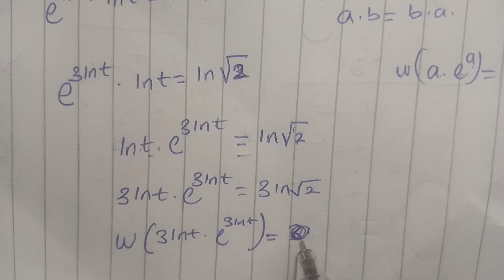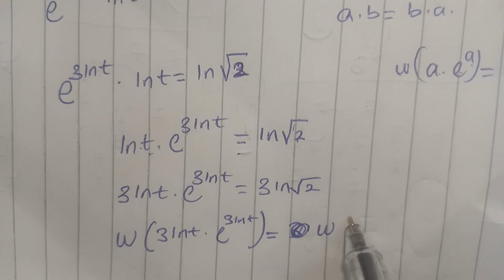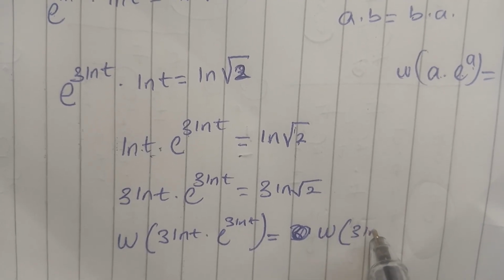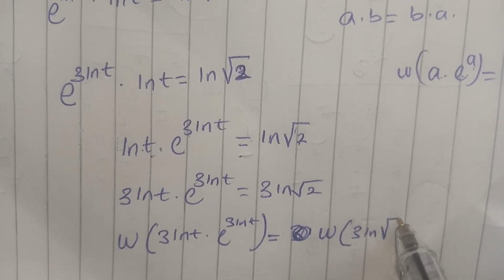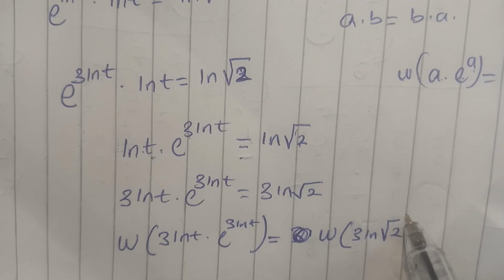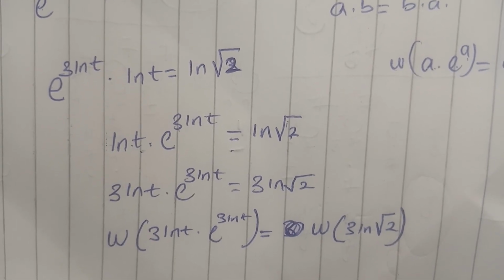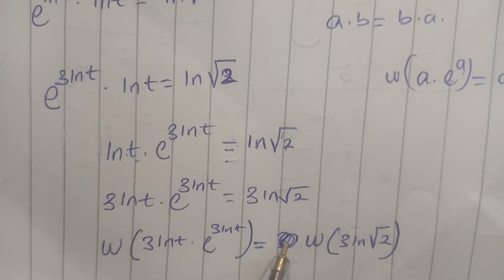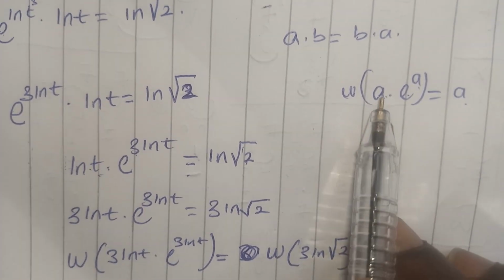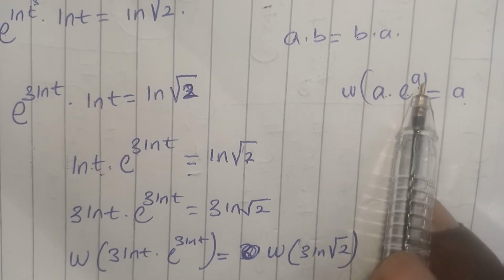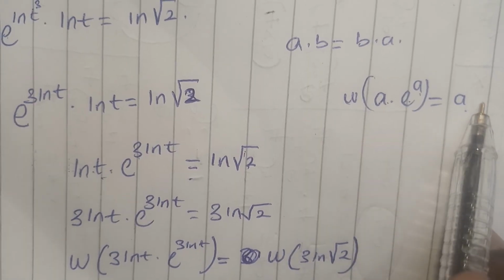I will take the Lambda doublet function also, the Lambda doublet function of 3 ln of root 2. Okay, so this is what we are not having. So if we should take the Lambda doublet function of the whole of this, remember we say if we are having a exponential a, take the Lambda doublet function of it, is also equals to a.